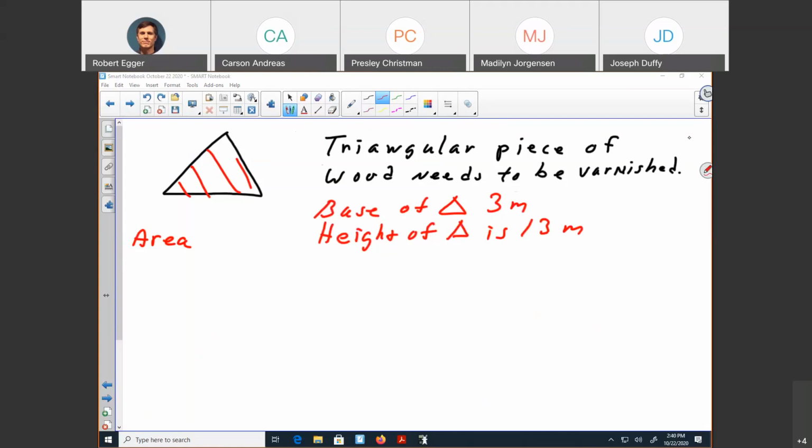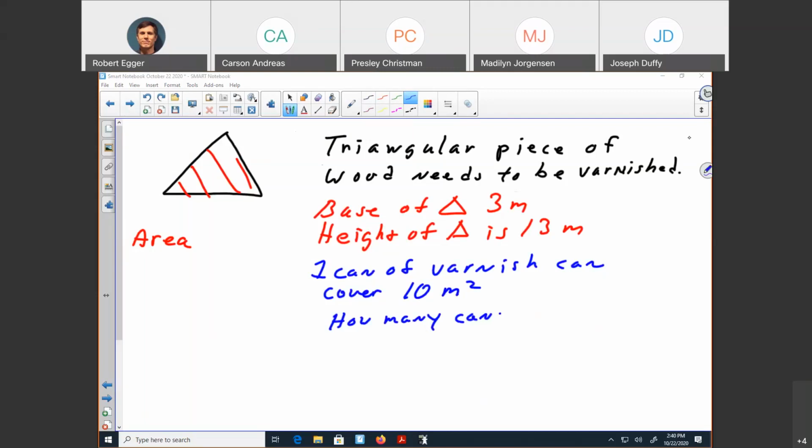Okay. Let's see. One can of varnish can cover 10 square meters. How many cans would be needed? Okay.